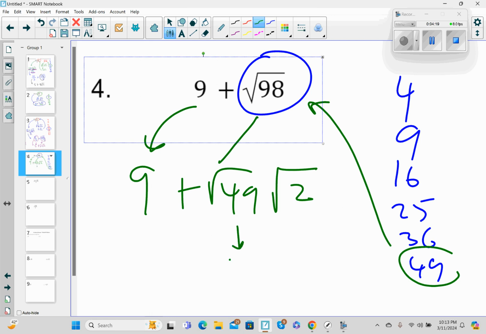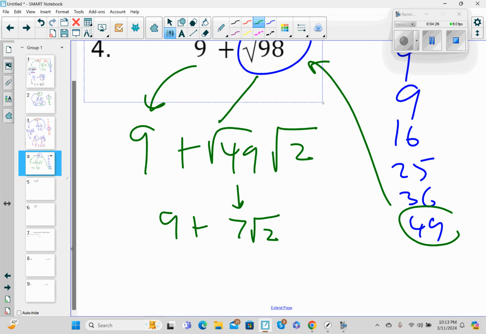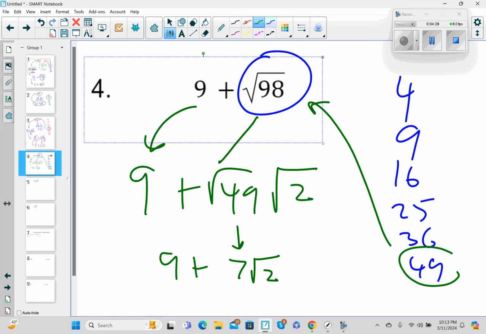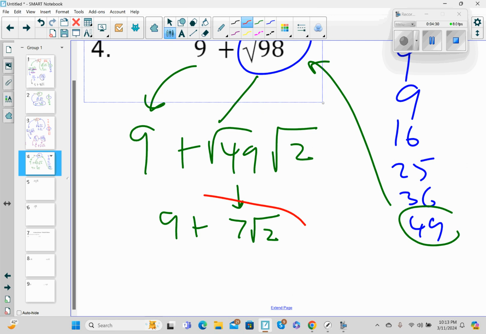This 49 becomes 7 square root 2. So 9 plus 7 square root 2. Again, you can't combine these, because this 7 is multiplied by the square root of 2, and this 9 does not have a square root of 2. So they're not like terms. You can't add them together.